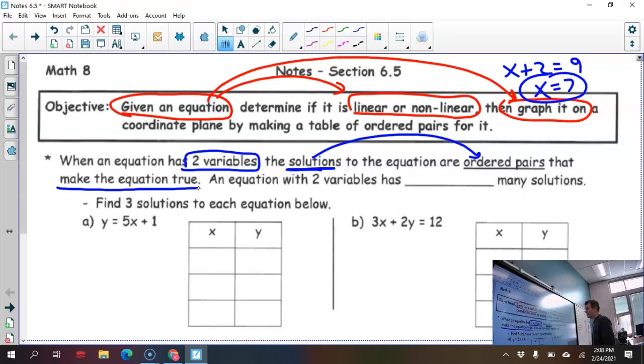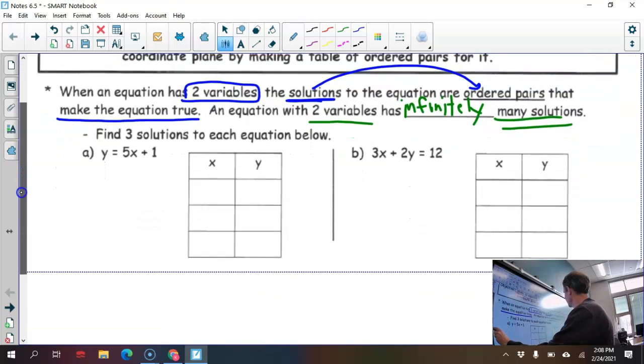And one more thing, unlike this equation we did where we got x equals 7, and that's the answer, an equation that has two variables has infinitely many solutions, right? And we're going to look at that right now.